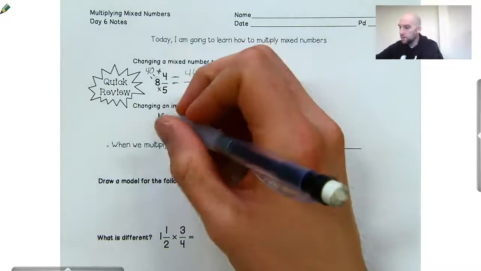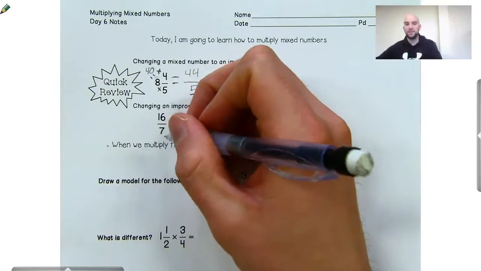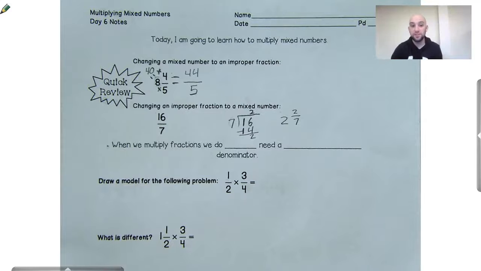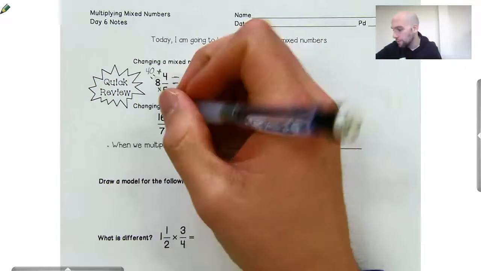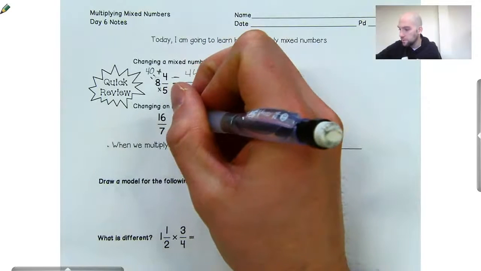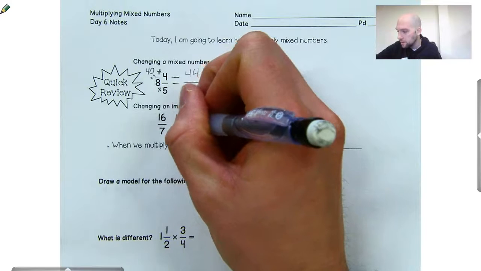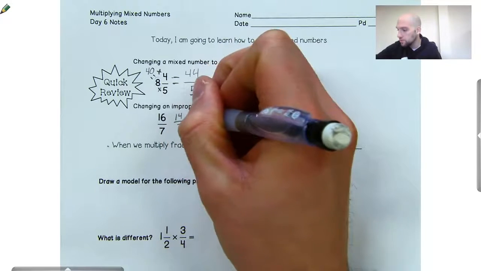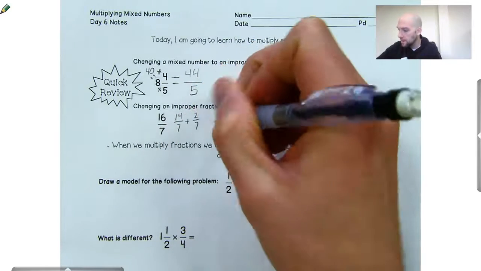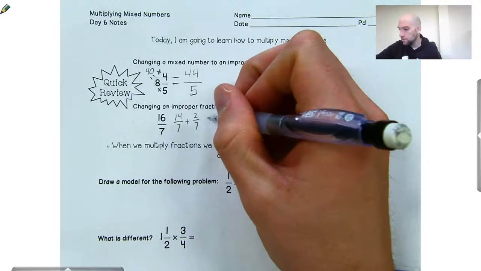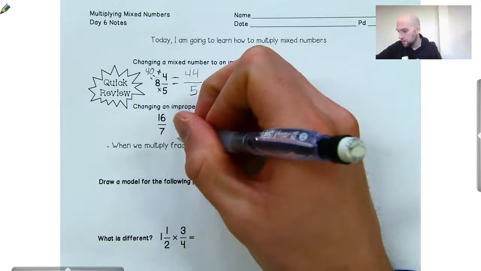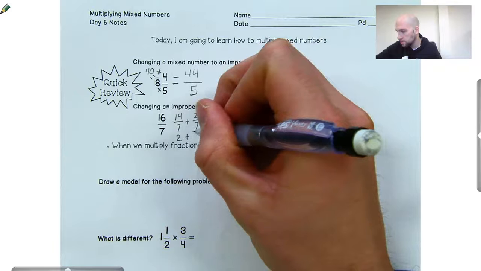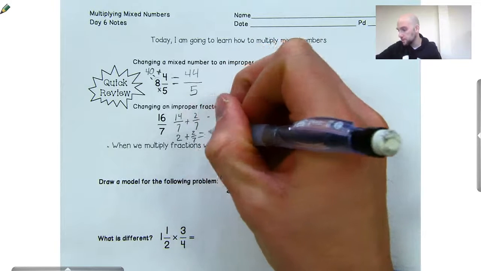Now, if we wanted to quickly look at this, I know that 14/7 is 2, because 7/7 is 1. 14/7 is double 7/7, that'll be 2. I know 16/7 would be 14/7 plus 2/7, and I know 14/7 is 2, so this becomes 2 plus 2/7, which will give me 2 and 2/7 as well.